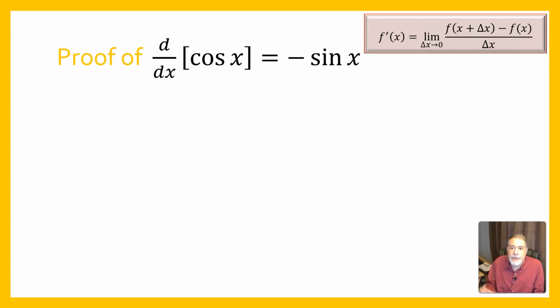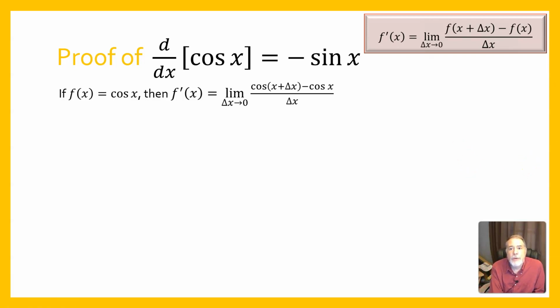So just to be different, I'm going to show you the proof of the second rule, the rule about the derivative of cosine x being negative sine x. And then the other one, the fact that the derivative of sine x is cosine x, that proof works almost exactly the same way. So if you understand this proof, you could work that other one out for yourself, or you could look it up in a calculus textbook.